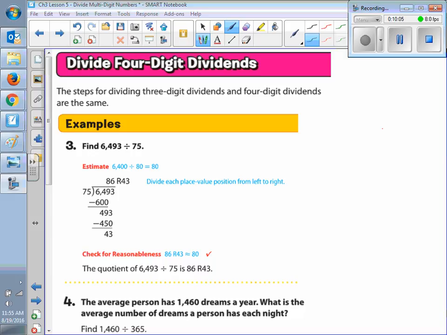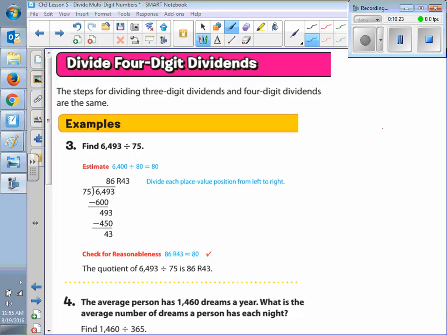Goes in 80 times, right? Because 8 times 8 is 64. So we're going to try 8 for our first number.